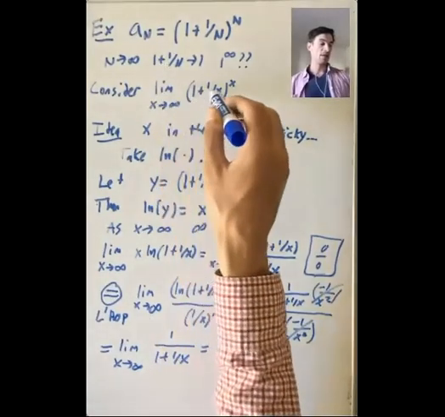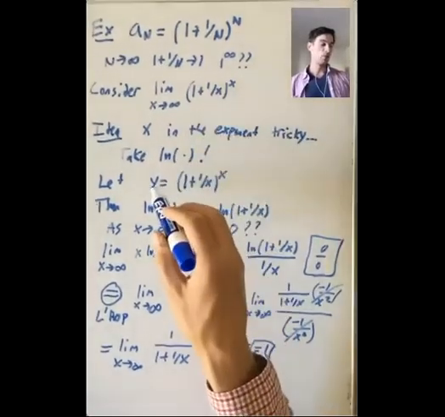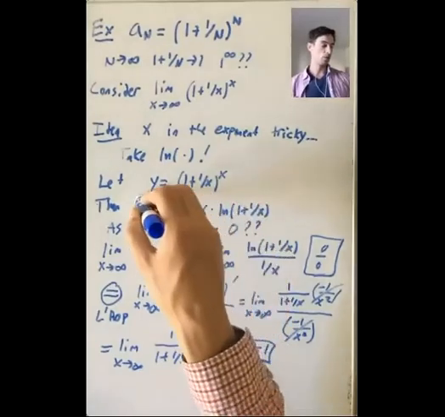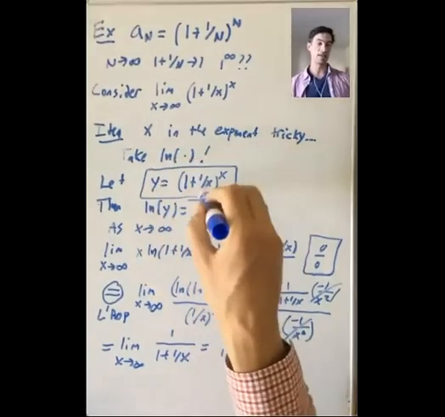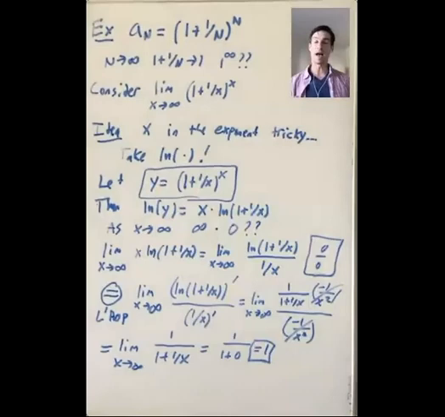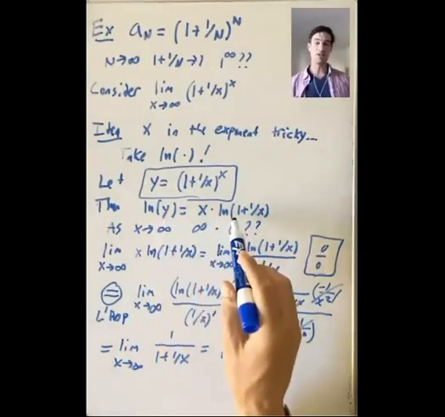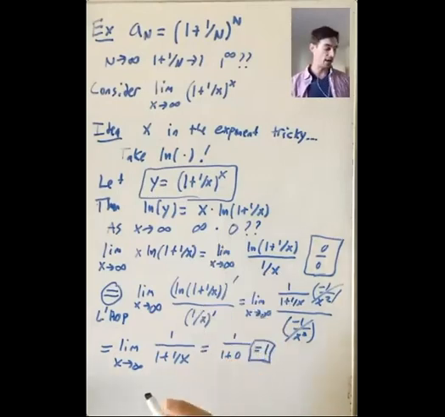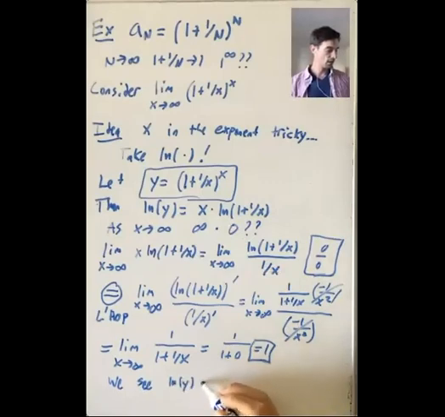We replaced n with x, and we set y equal to (1 plus 1 over x) to the x. So we want to know what happens to y as x goes to infinity. But the limit that we just did isn't y, it's log y. So we see that log of y goes to 1 as x goes to infinity.